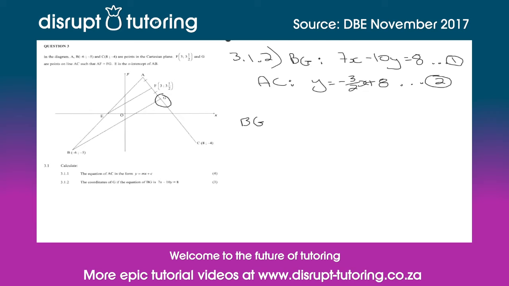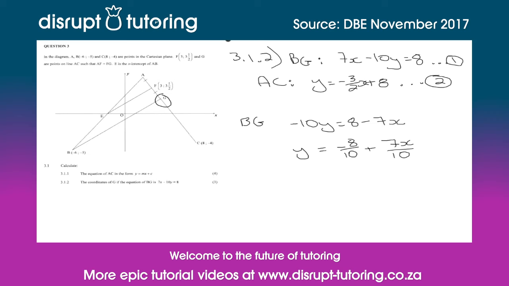We want to get y by itself, so we keep the minus 10y equals 8, and we move that 7x to the other side, and remember the negative, so it becomes 8 minus 7x. Divide both sides by negative 10, so we're left with just your y, and we're left with a negative 8 over 10 plus, because two negatives make a positive, 7x over 10. Cool, so now we have the equation in terms of y.